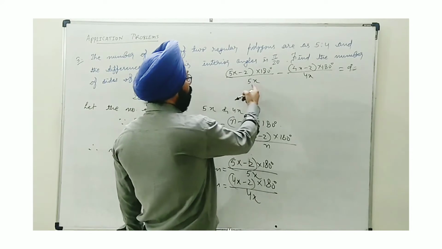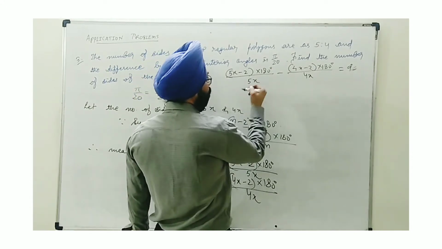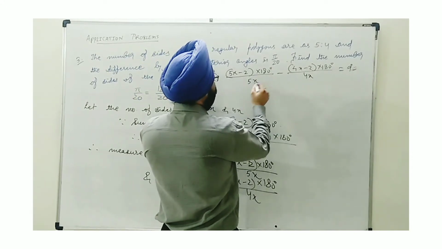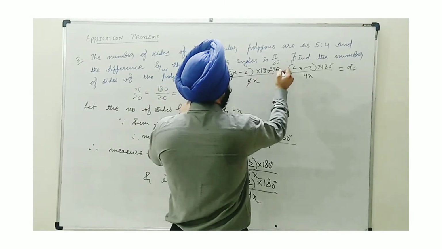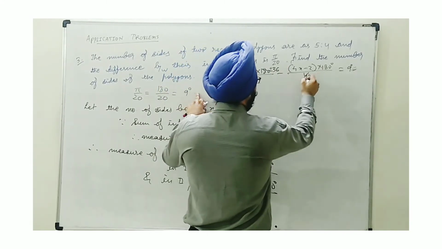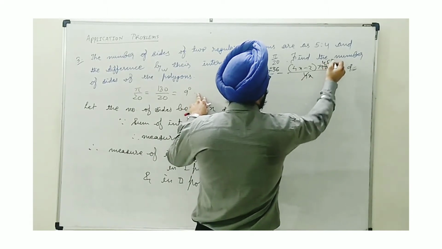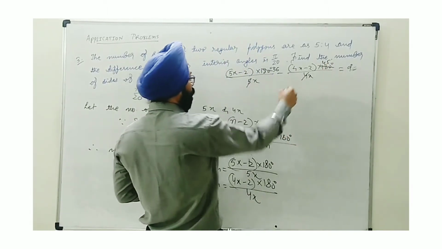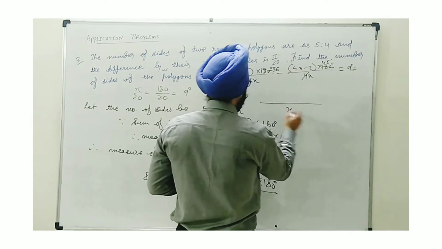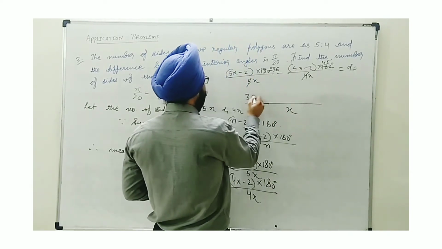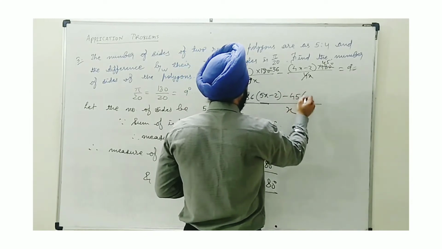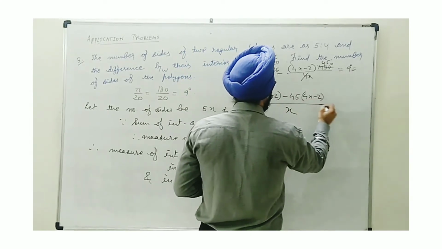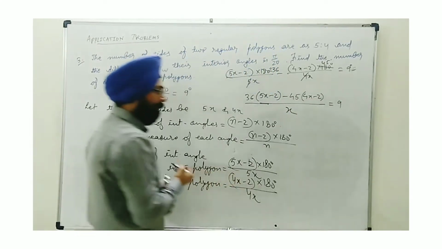First of all, as I see, this x is common here, and cancellation of 5 with 180 will make it 36, and here this 4 will cancel out, being 45, and this x is common, so we can write this as x LCM. Here we get 36 multiplied to the bracket (5x minus 2) and 45 times (4x minus 2) in bracket, in multiplication. Right hand side value 9.